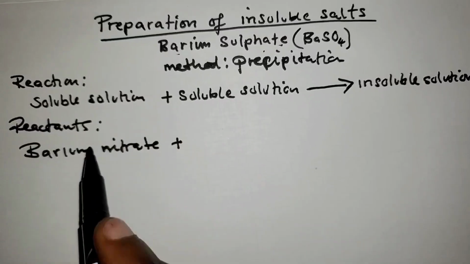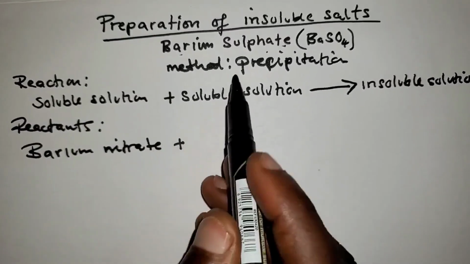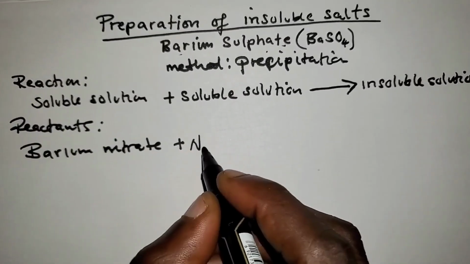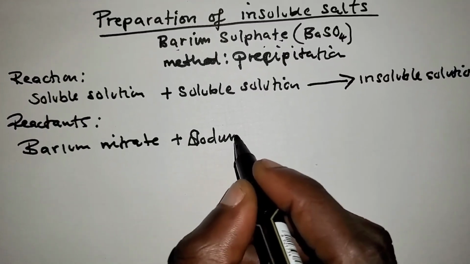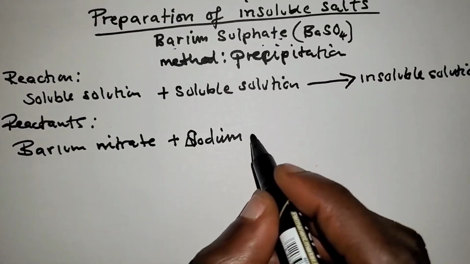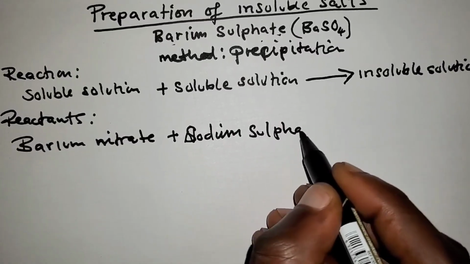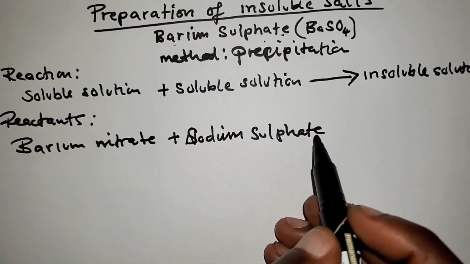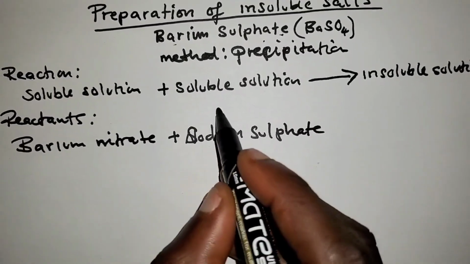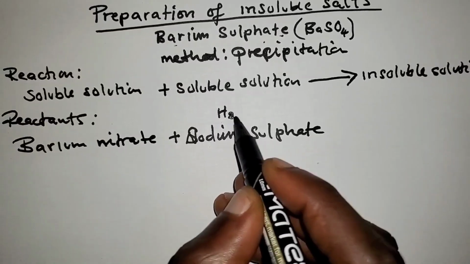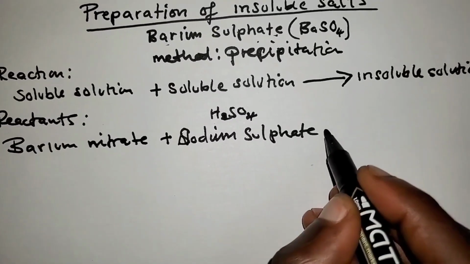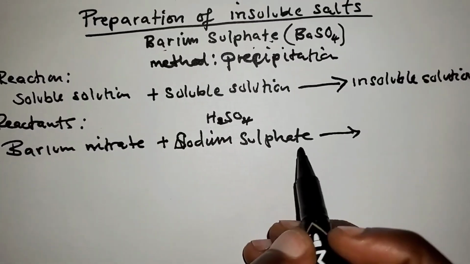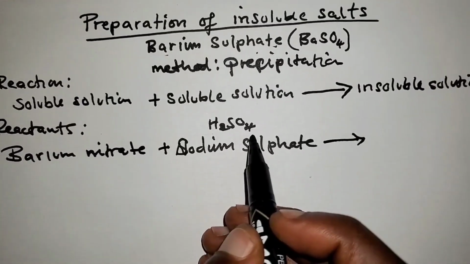So usually barium nitrate and sodium sulfate. Now you can use sodium sulfate or sulfuric acid, H2SO4, because we have sulfate here.